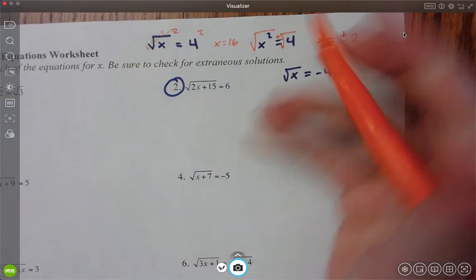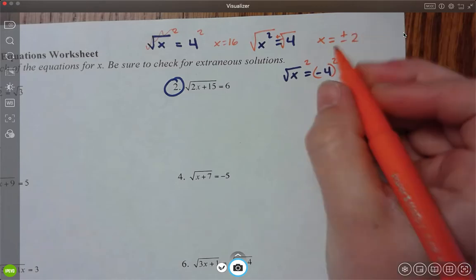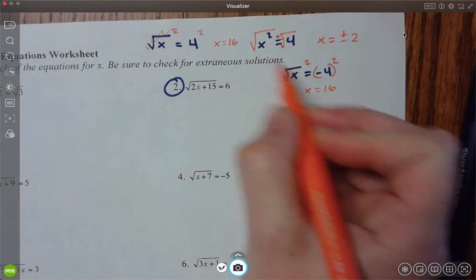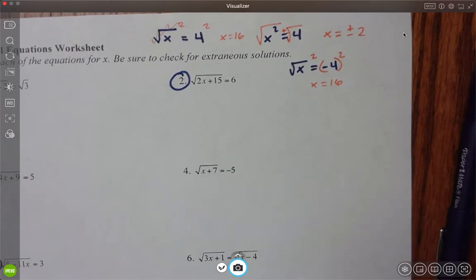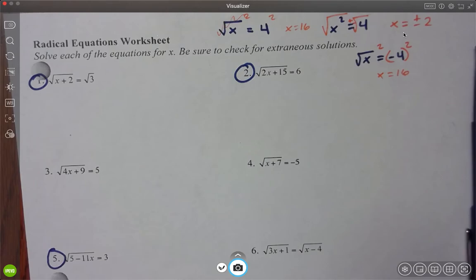I would square both sides, and squaring a negative 4 is negative 4 times negative 4, which is still positive 16. This is why we need plus and minus when we take the square root. Here we're squaring, so we're doing the opposite. Square rooting and squaring are inverse operations, and that's why they undo each other.